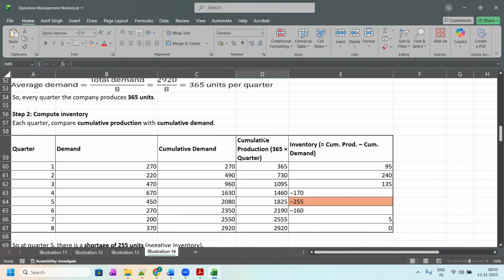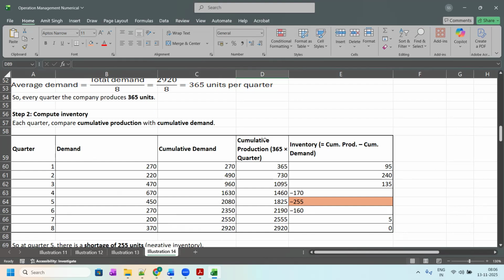So when you added 255, what you are adding is creating an additional carrying cost. Beyond buying inventory, you know that in quarter 5, if you go as per the plan, there would be a shortage of 255 units.